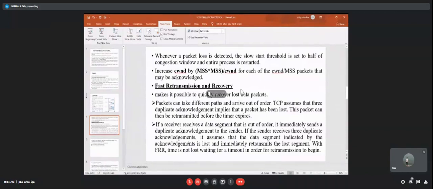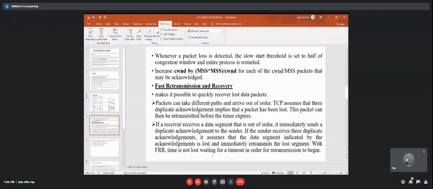So with the fast retransmission and recovery process, when the packets arrive in different order, okay, TCP assumes that whenever packets arrive out of order, if there are three duplicate acknowledgements, then it implies that a packet has been lost. You can just read the sentence below here.